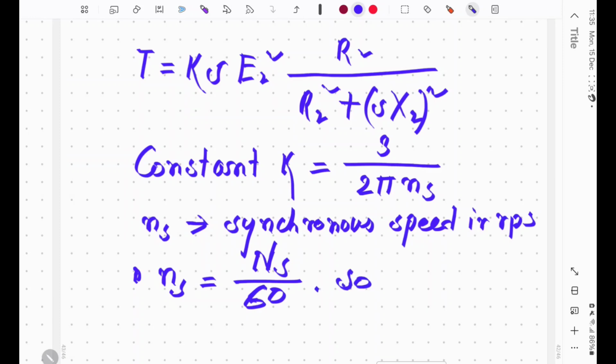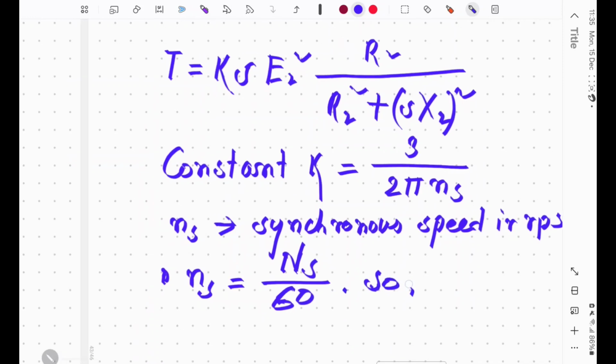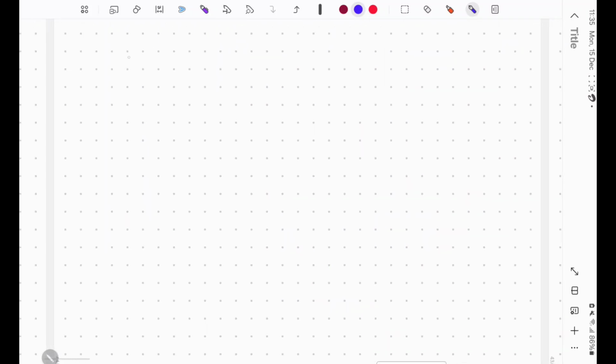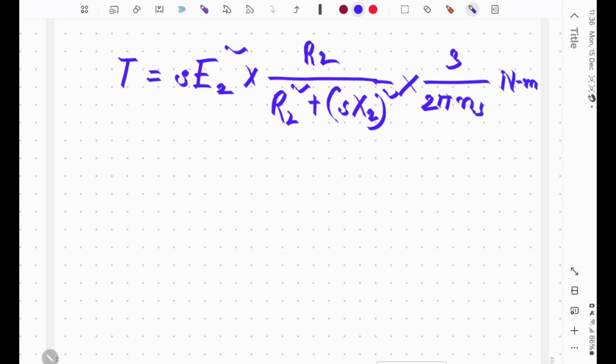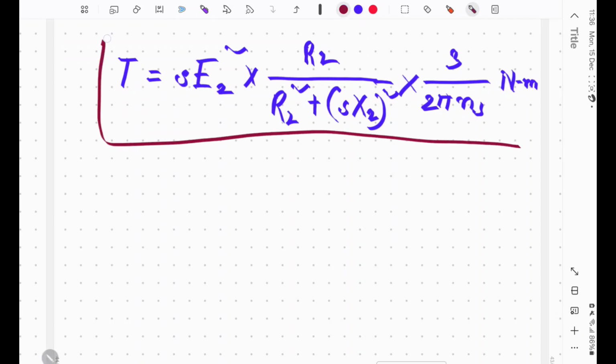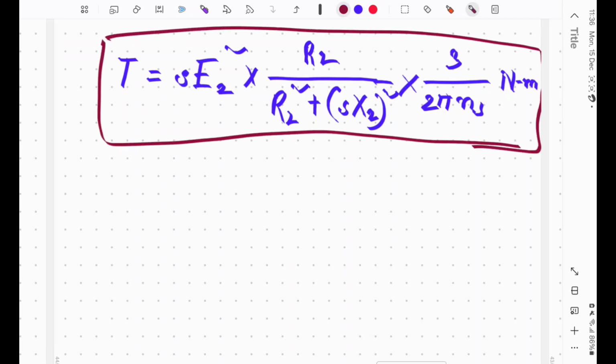So finally, we can write that equation: T is equal to s E2 square into R2 by R2 square plus sx2 whole square into 3 by 2 pi ns Newton meter. So this is the torque equation of a three-phase induction motor.